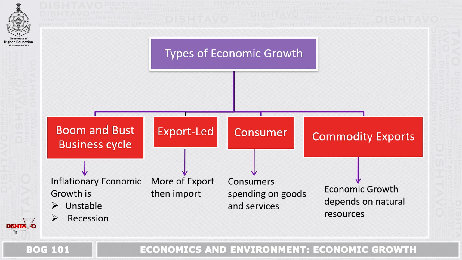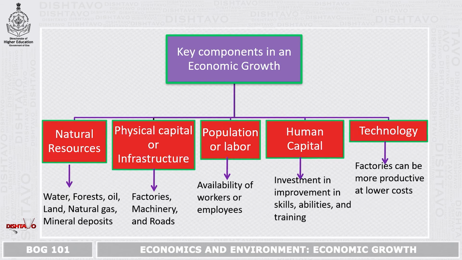And commodity exports economic growth depends on natural resources. For example, Saudi Arabia, where the main natural resource is oil. In India, the main natural resource is coal. So the economic growth depends on the natural resources present in that particular country.